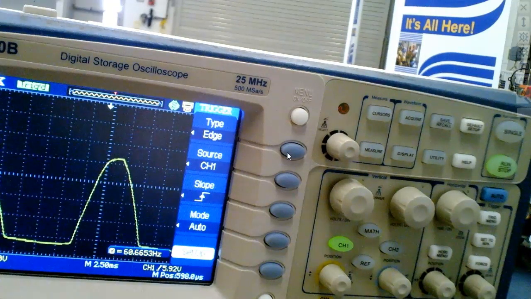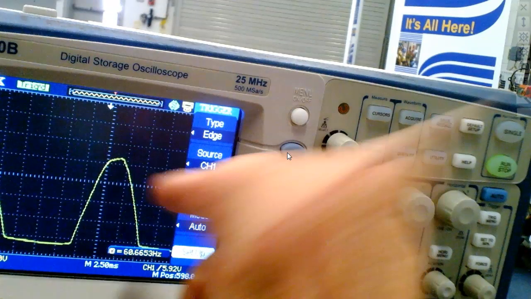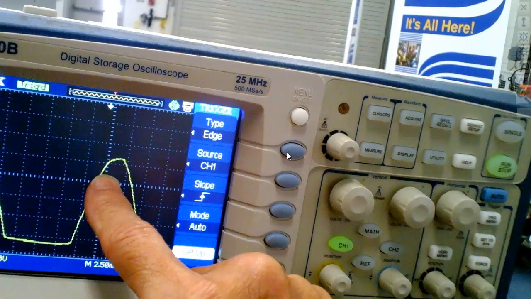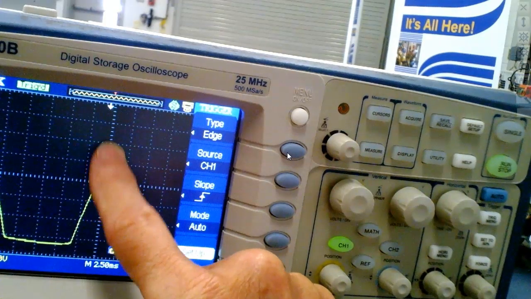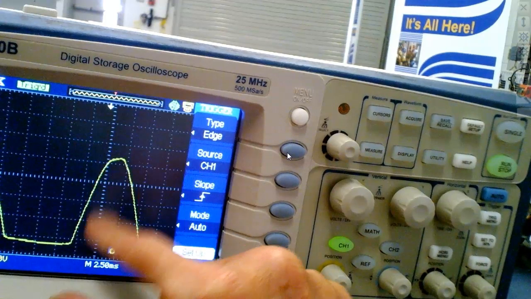So let's recalculate that. 8.4 divided by pi, divided by 3.1. Each one of these would be worth 0.4, because it's 2 volts per division and we've got 5 divisions between each major division.